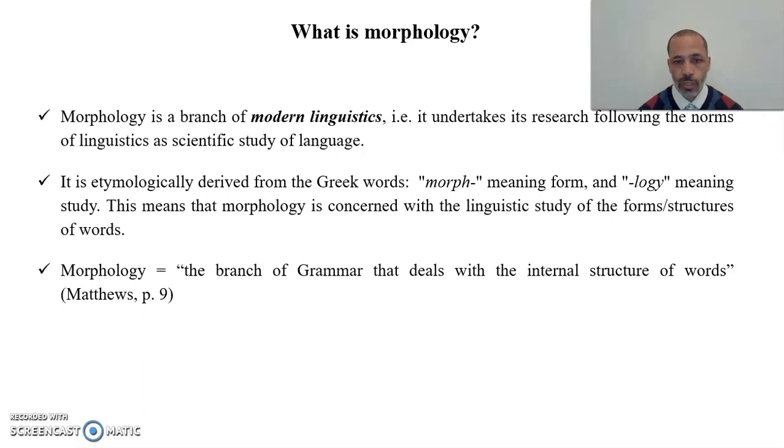In the third definition, which is due to Matthews, who defines morphology as the branch of grammar that deals with the internal structure of words. So morphology, very simply, is about studying word structure.